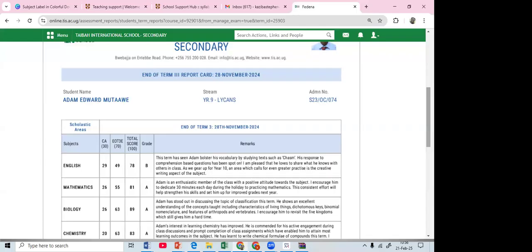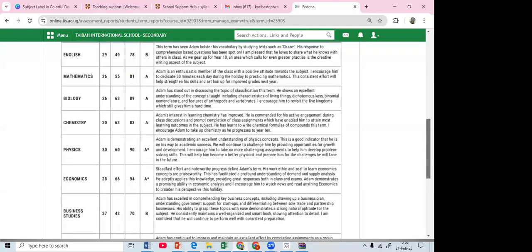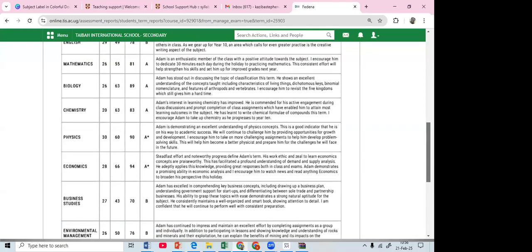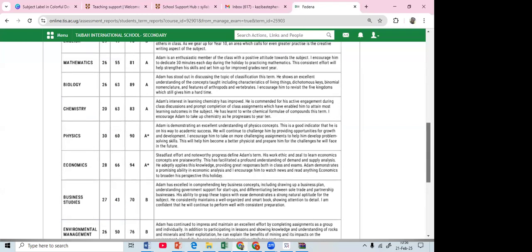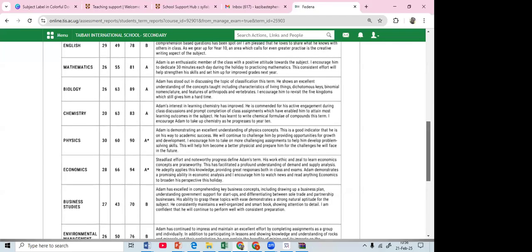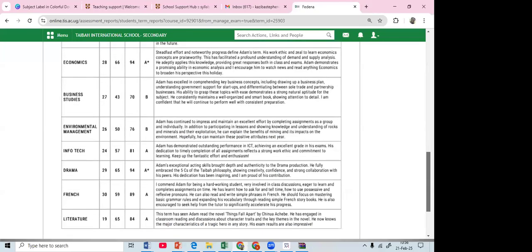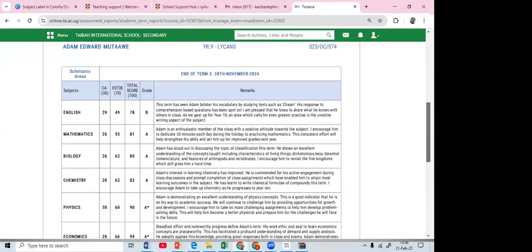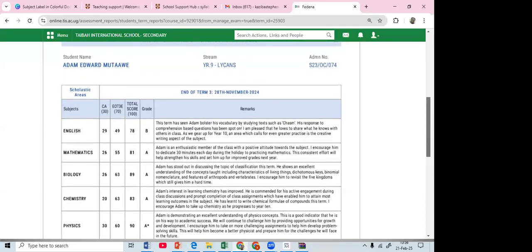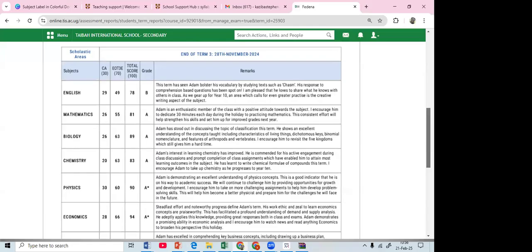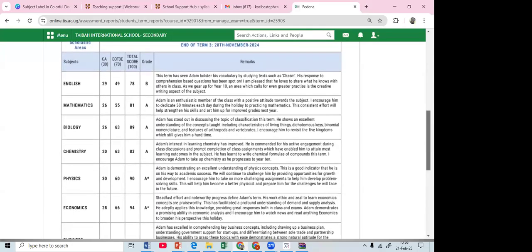You make sure that the way you are reporting, you give a good comment that will support the child. What have you been doing in that particular area? So this is just a sample of how we do the reporting, how we do it on the Cambridge side. But when you look here under year 9, you notice that we are doing quite a number of subjects because they have not yet chosen.